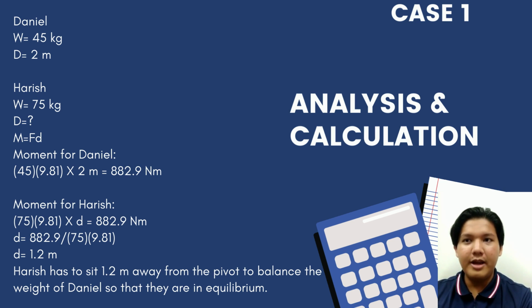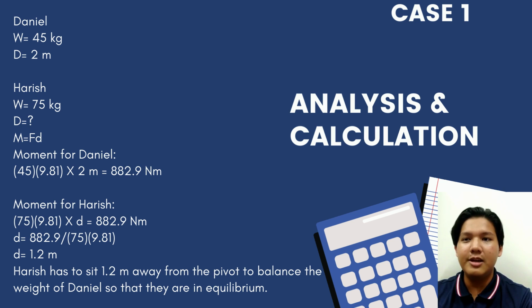And from that value we can find the moment for Harish using the formula M equals Fd, and then we can enter it into the equation to find the distance for Harish.